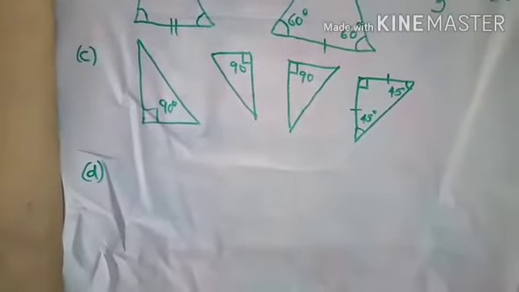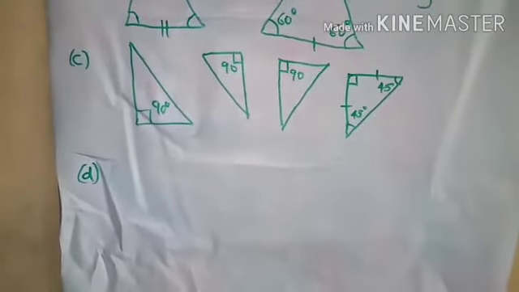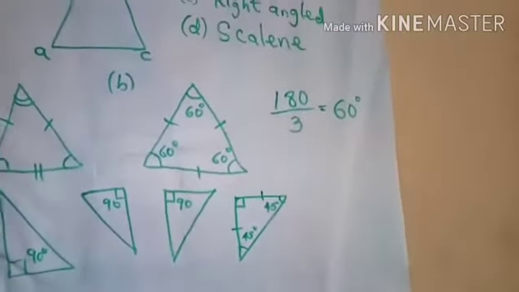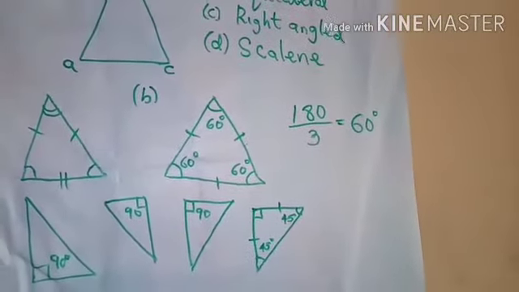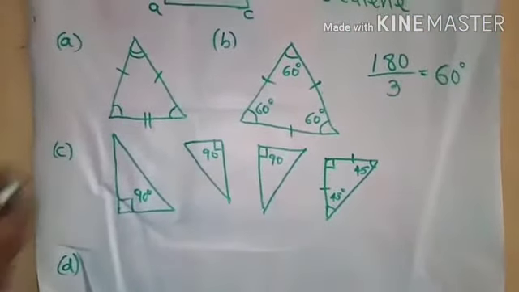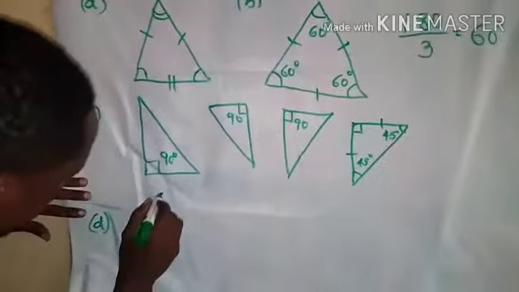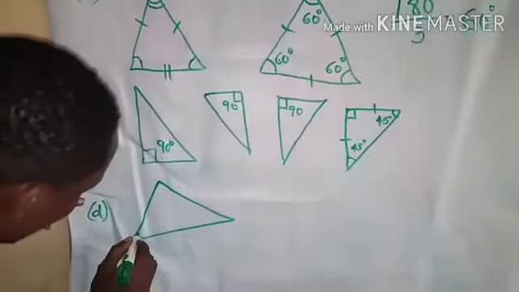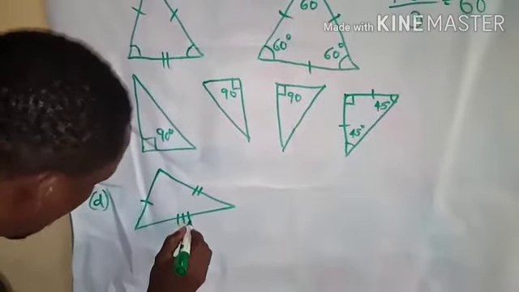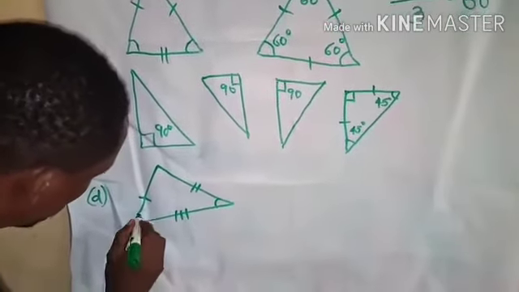If we are following the trend, if one triangle has all the sides equal, the next has two sides equal, that means scalene has none of the sides and none of the angles equal.